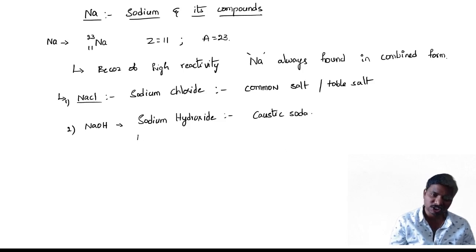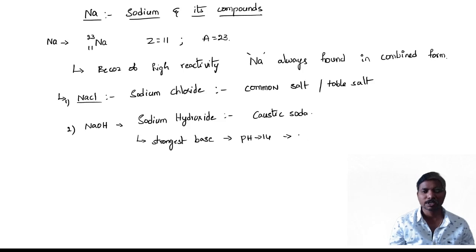We know very well it is the strongest base, guys, having a pH value of nearly 14. It is especially used in making soaps and detergents, and also used as a drain cleaning agent.